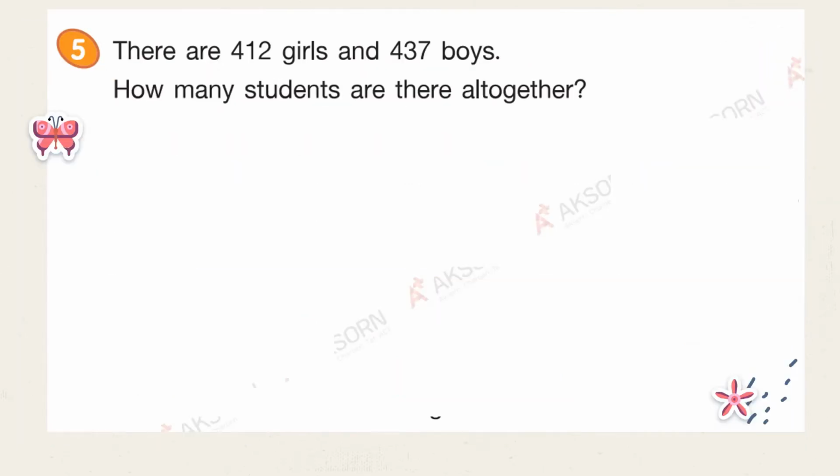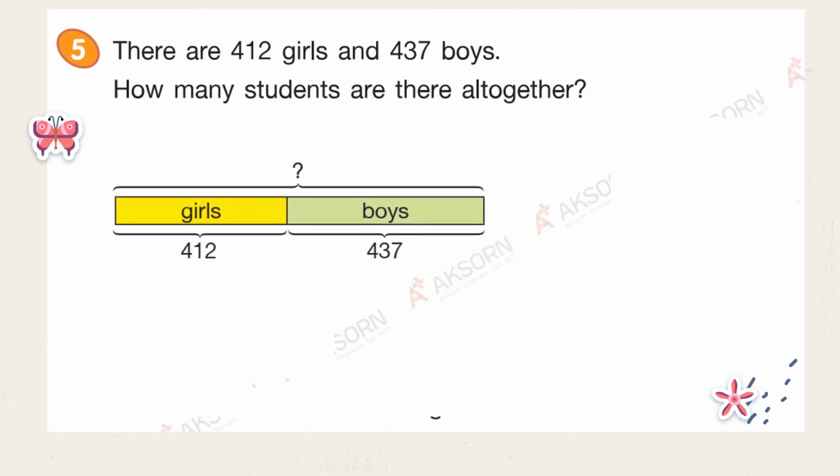Okay, for this example, there are 412 girls and 437 boys. How many students are there altogether? So we have yellow for girls, 412, and green for boys.